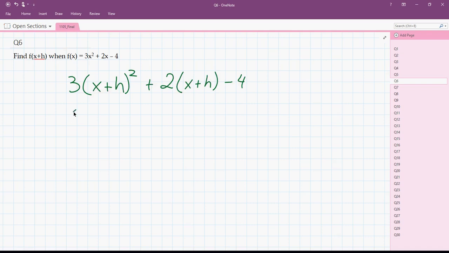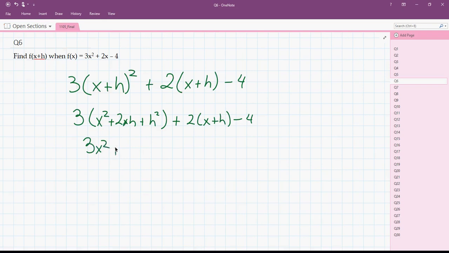So if we square this out, we're going to get x squared plus 2xh plus h squared, plus 2 times (x plus h), that stays the same for now, minus 4. And then we're going to distribute. So we're going to get 3x squared plus 6xh plus 3h squared. And then the other factors, we're going to get plus 2x plus 2h minus 4.